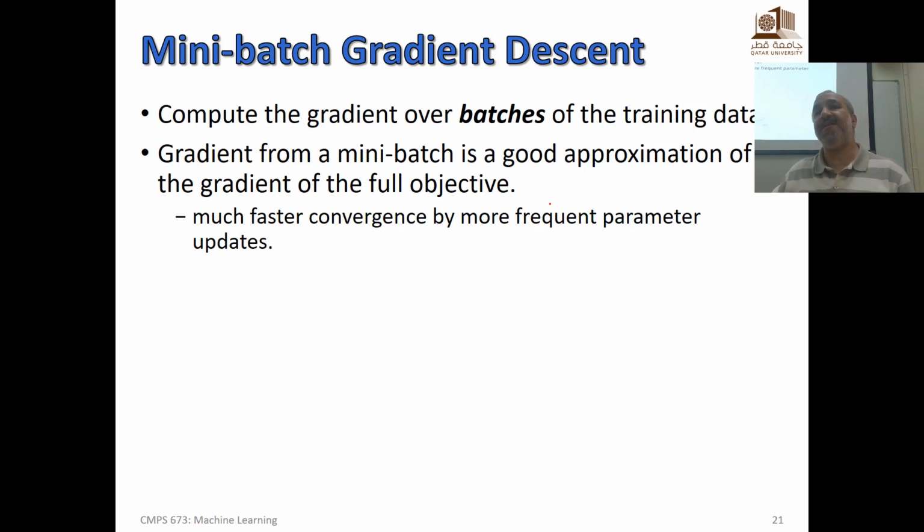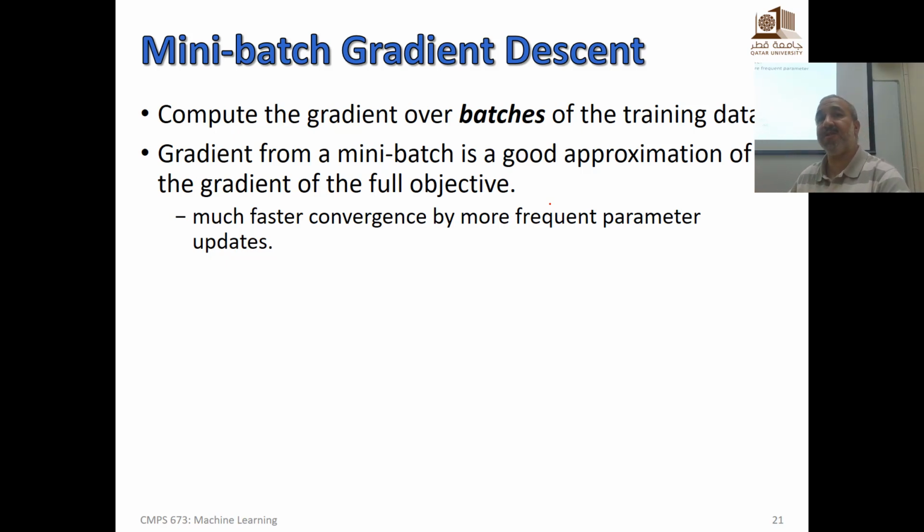To account for that, there is another version of gradient descent that is called mini batch. Instead of waiting until the end of all training examples, we will have batches. We'll take a batch from the training examples, like 16 examples, and then we do the update after them. Then we have another batch, then we do the update, then a third batch, and so on. So this is called mini batch gradient descent.